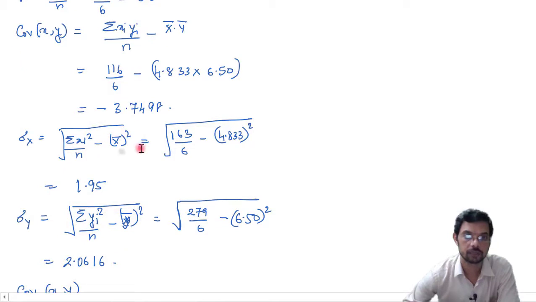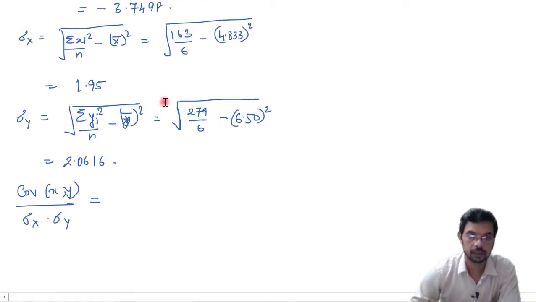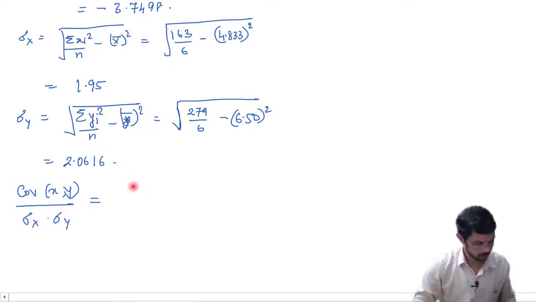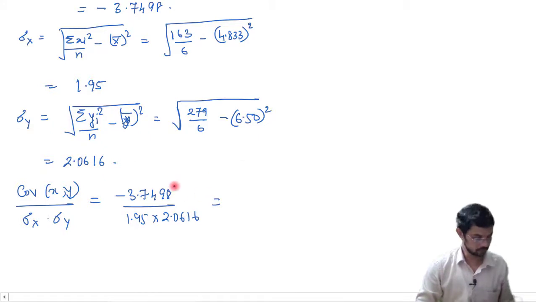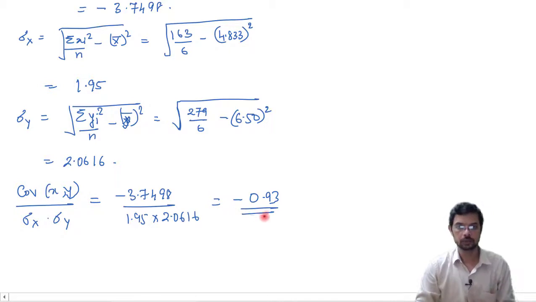So what we have here is covariance is minus 3.7498 divided by 1.95 into 2.0616. Once we calculate this, what we get is minus 0.93. Again, the same value. Okay, so this is how we can calculate R, which is equal to covariance of xy divided by sigma x into sigma y, and that is equal to minus 0.93.